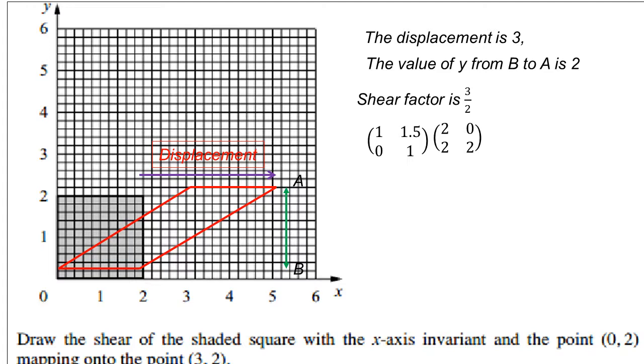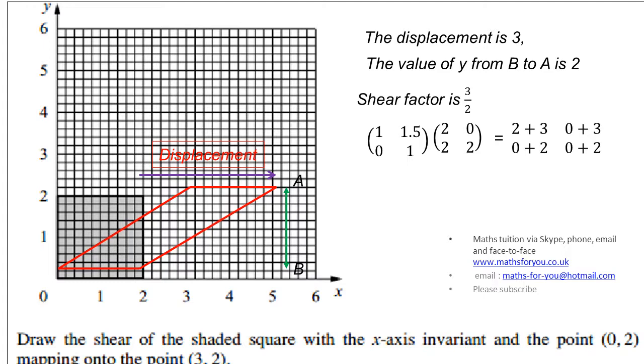So the point 2,2 becomes the point 5,2, because 2 plus 3 is 5, and 0 plus 2 is 2. Similarly, the point 0,2 becomes the point 3,2. Hope that makes sense. Now, for the stretch, on the next slide.